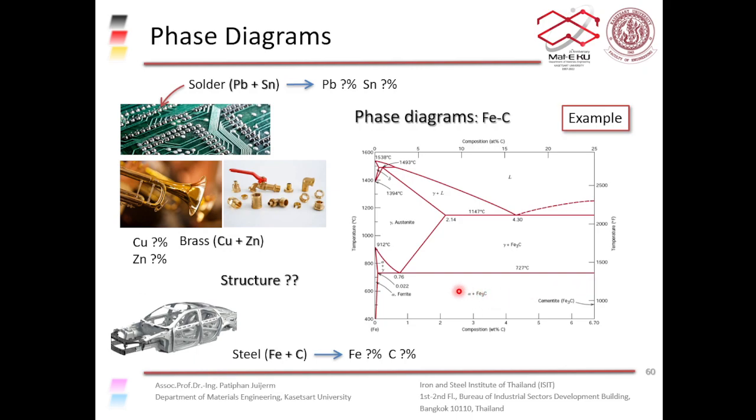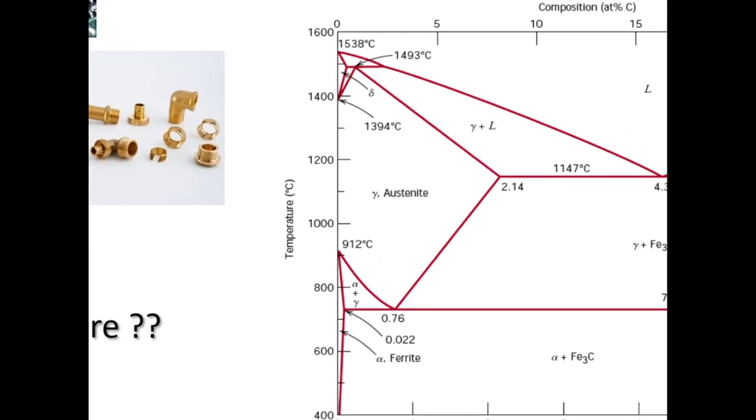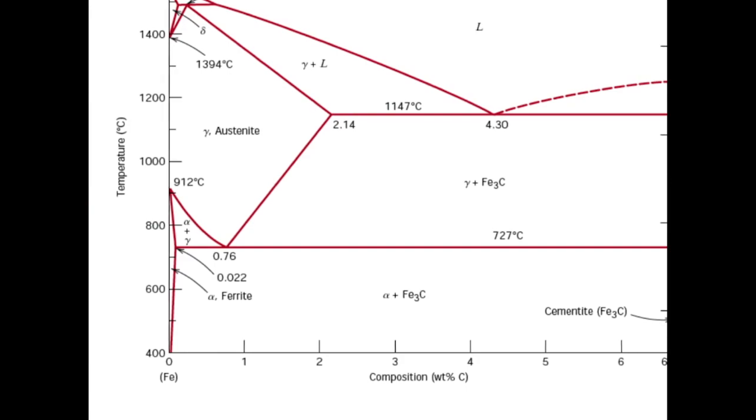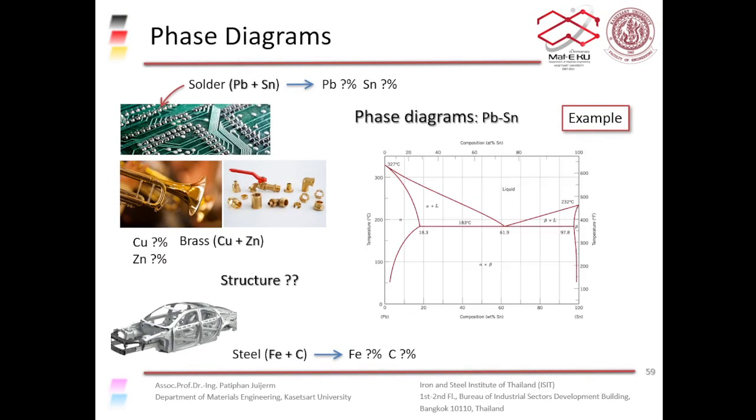So if you're looking at this phase diagram of steel, you will see that there are many phases, and the phase diagram looks really busy, right? Compared to the phase diagram of lead and tin, which looks quite simple.